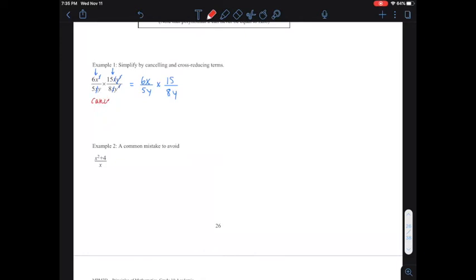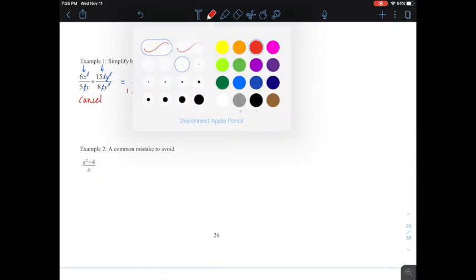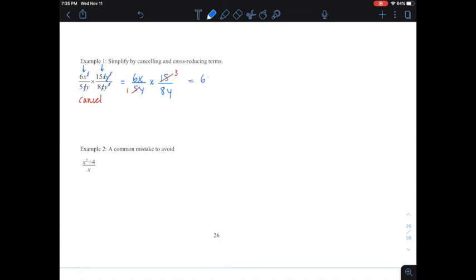This is called canceling when it's within a fraction. Cross-reducing happens when you cross out things between numerators and denominators of fractions that are multiplied together. So we can clean this up. We've got 6x over y times 3 over 8y.